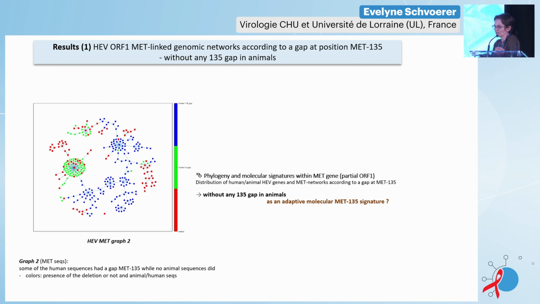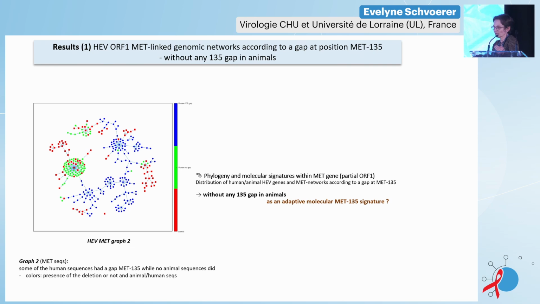And you can see it's the same organization of the graph, circles for the humans, squares for the animals, but the colors this time are not according to time, they are according to gap. No gap is in green, and it's observed not only in humans, but also in animals. No gap at this position for the animals.